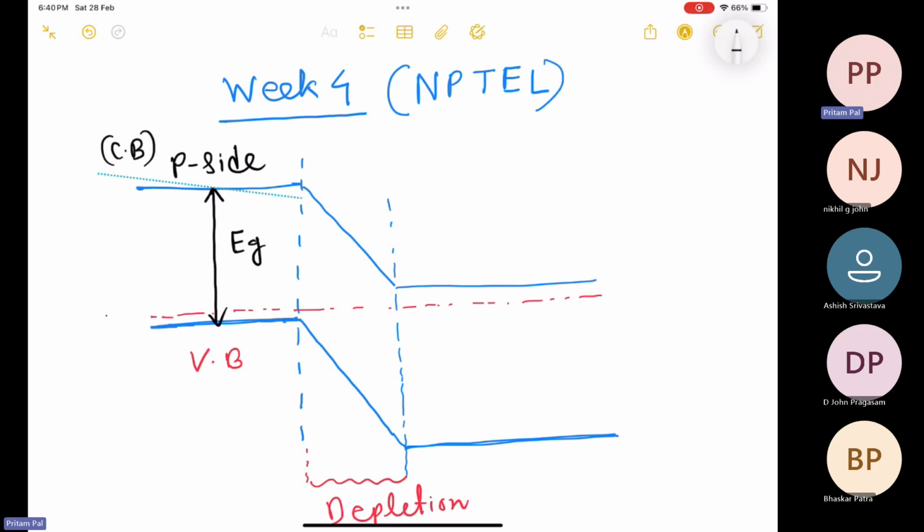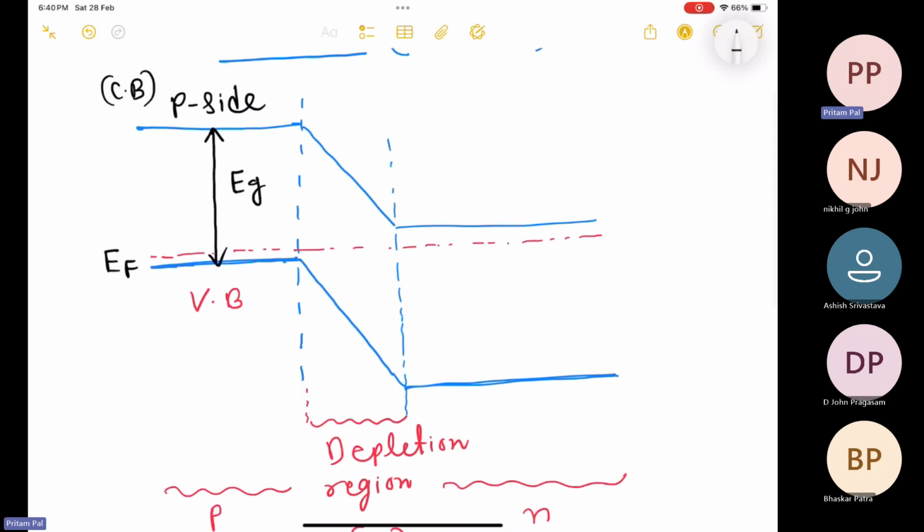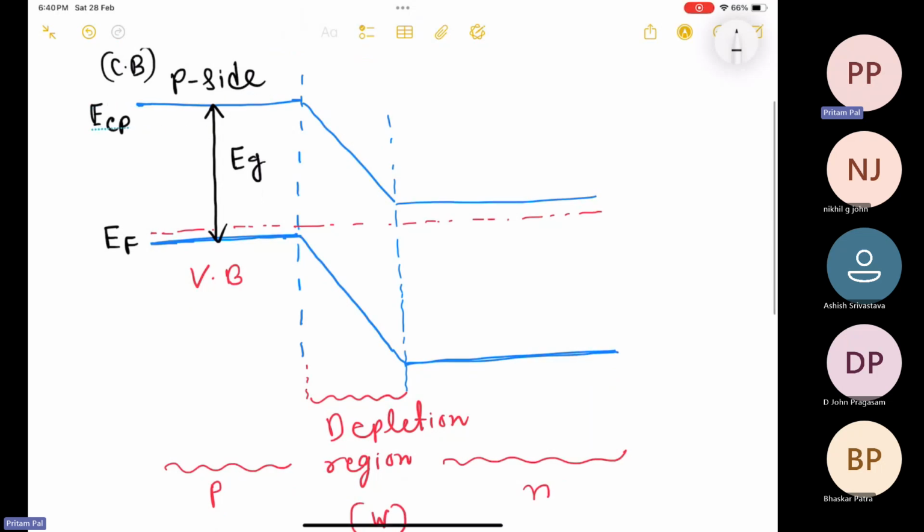Let's say my Fermi energy is tuned here. The conduction band on the P side I'm denoting as ECP. This is your Fermi energy, and this is your valence band on the P side, EVP. This is the simple energetics.